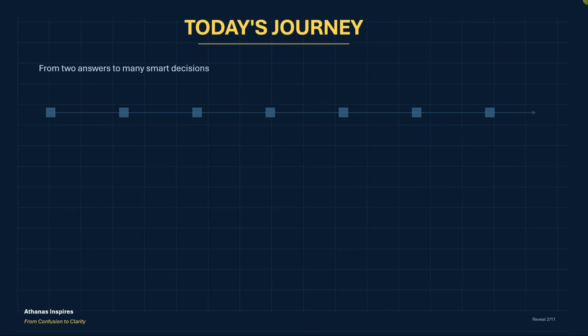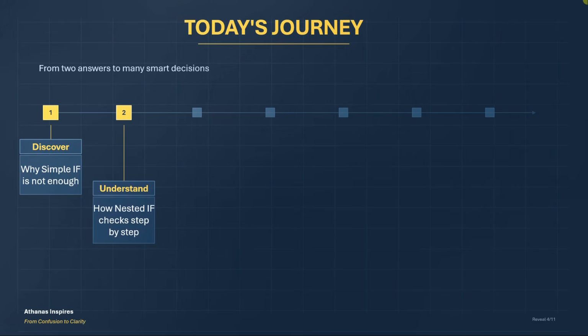First, we have already discovered why simple if is no longer enough for the problem in front of us. And we have already started to understand how Excel checks conditions step by step until it finds the correct answer.